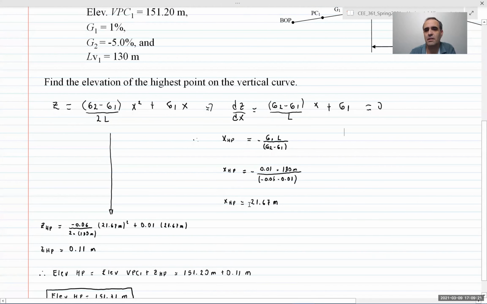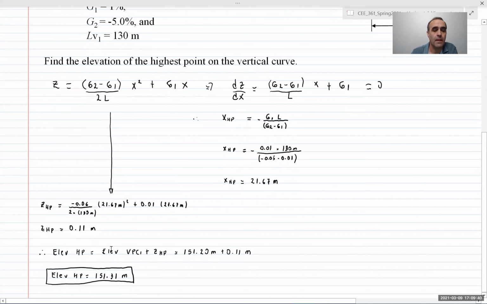And I get that the point of maximum elevation is located at 21.67 meters from the beginning of the curve. Then once I have that value, I plug it back into my quadratic expression, and that will give me the elevation difference at the maximum. And that's it. Now I add that to the elevation of the VPC, and then I get the elevation of the highest point.